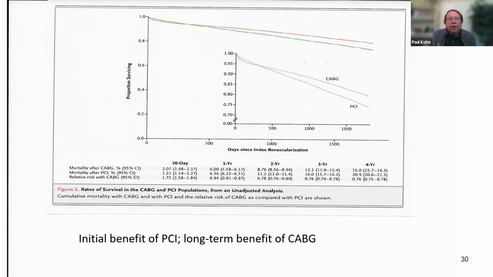You can see that the relative risk in the bottom line there, 1.72 at 30-day mortality, favors PCI, but this decreases over time, and at 1 year, it actually begins to favor the CABG patients.